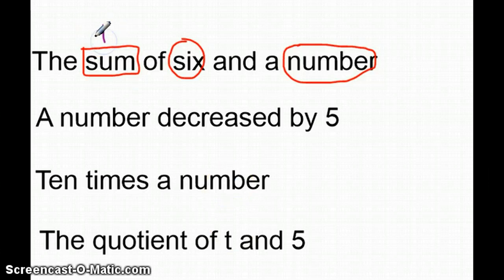The sum means add. 6 is the number 6, and a number is going to be represented by n, because that means we don't know the number yet because they didn't tell us. It is a variable of n. So we have the sum of 6 plus n.